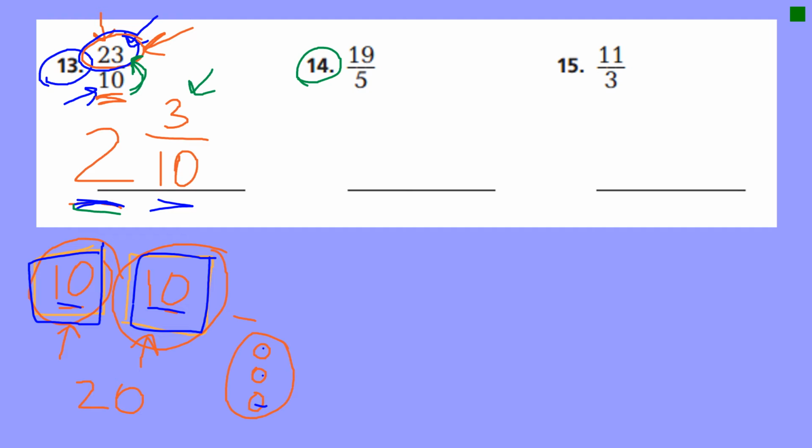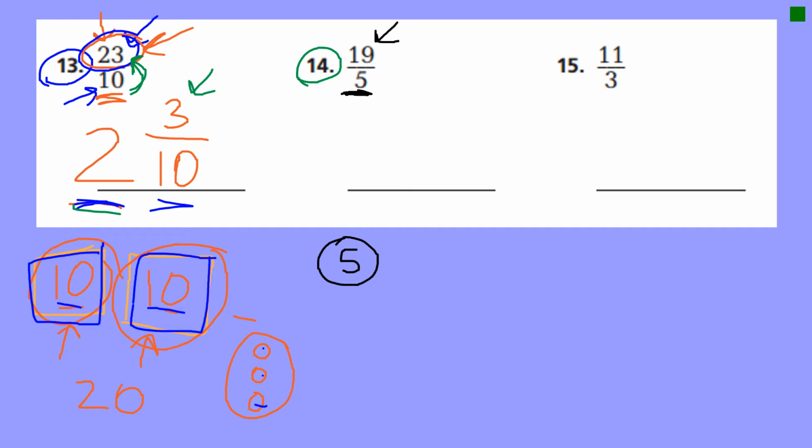All right. Look at that fraction. 19 fifths. Do you want to think of it like division? How many whole times can 5 go into 19? Or you can draw a picture again. We'll do circles. How many pieces make one whole thing? 5. So there's one whole.